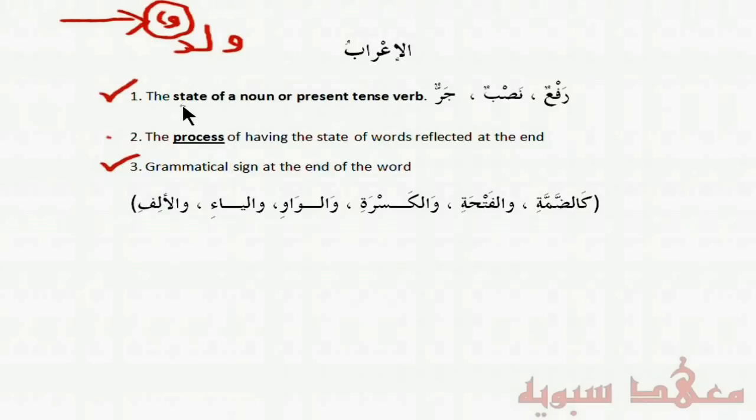Here it's the state of the noun, and it's talking about these states, rafa', nasb, and jar. So the actual word and what state it's in. Let's go back to the text. وَإِعْرَابُ الْإِسْمِ. So i'rab, the declension or the grammatical state of the ism, is of three types. We have al-rafa', al-nasb, and al-jar.